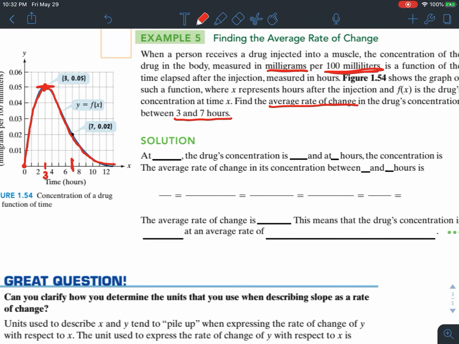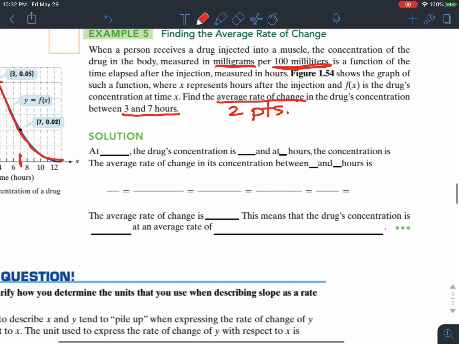Okay, so if we want to find the average rate of change, what do we need? We need 2 points. They want the concentration between 3 and 7 hours. Do you see up here where it says a function of the time?